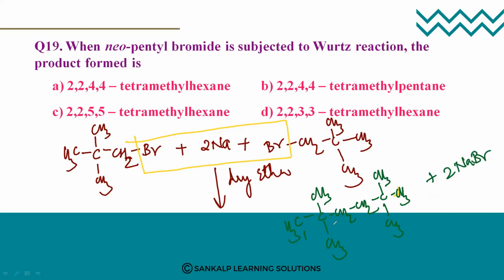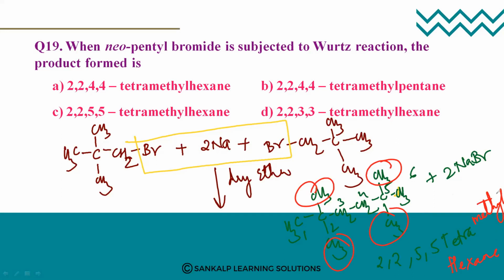Now we'll write the name: 1, 2, 3, 4, 5, and 6. So it is 2,2,5,5-tetra. Why tetra? Because there are 4 methyl groups, 1, 2, 3, 4. So tetramethyl hexane. So it is 2,2,5,5-tetramethyl hexane. So our answer is option number C.